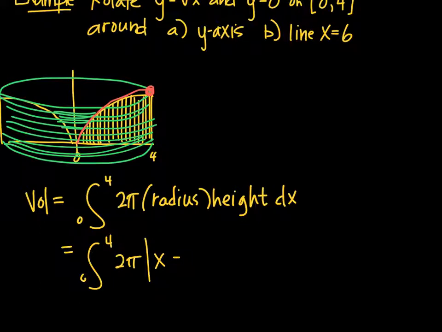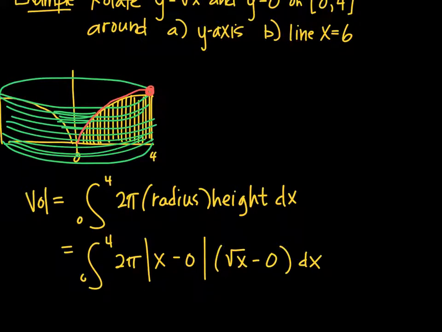The y-axis was the axis of rotation, so that value was 0, because the equation for the y-axis is x = 0. The height is being formed by my y1 minus y2, which is rad x minus 0, dx. So that's the tricky part, getting that set up.